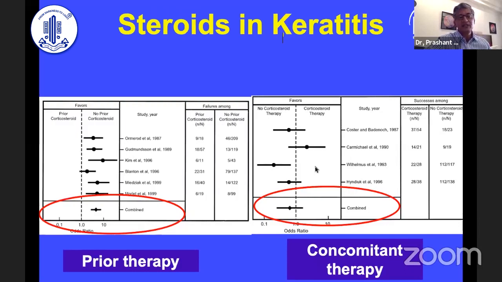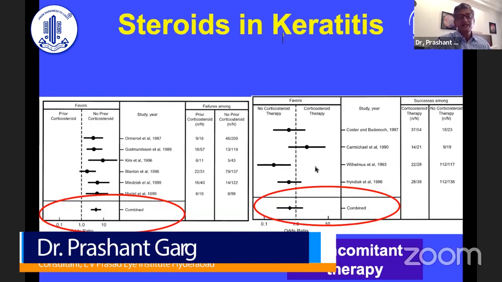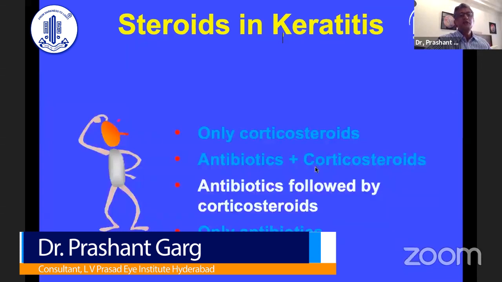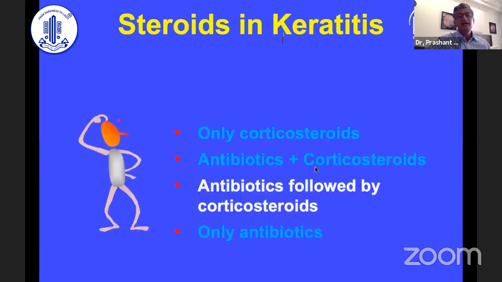Similar were the results when corticosteroid is administered simultaneously with antibiotic at the start of treatment. What he found is that nobody had really looked until 2002 at the issue of antibiotics followed by corticosteroids.